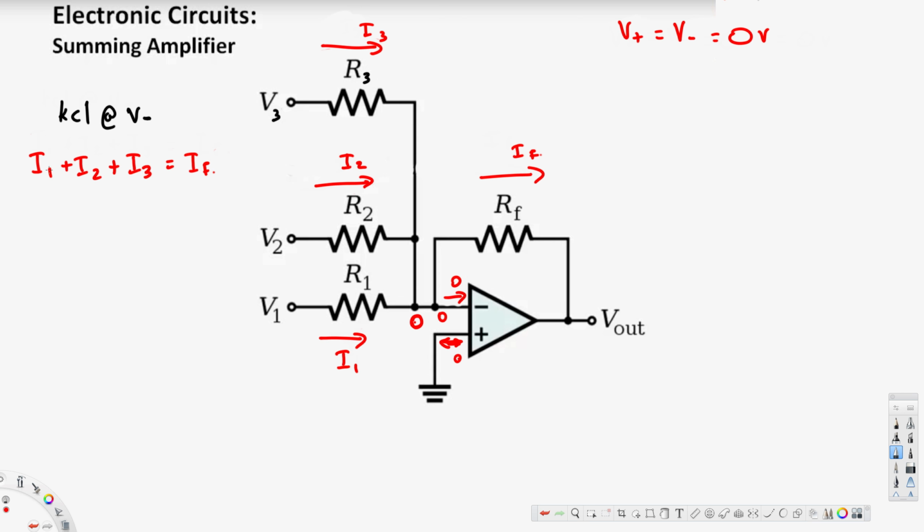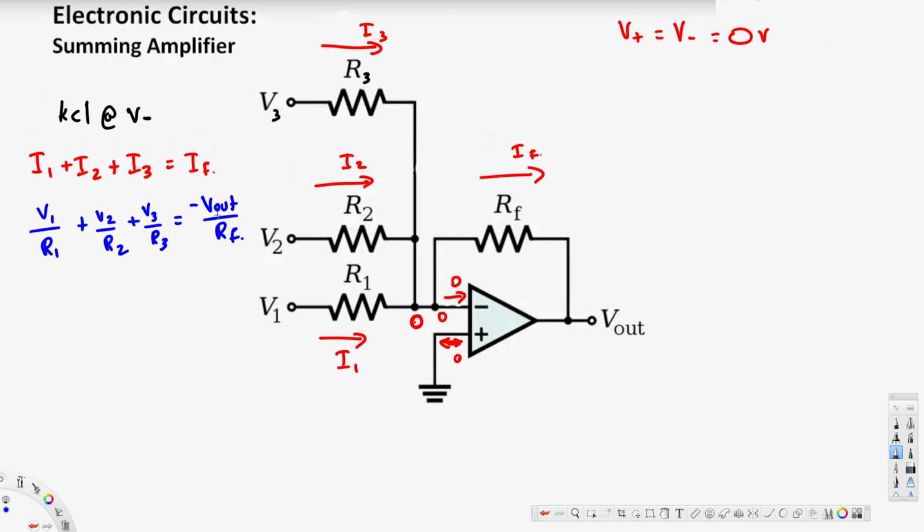So we can replace I1 with V1 over R1, because it is V1 minus 0 divided by R1, so we can neglect the 0 right here. V1 over R1 plus V2 over R2 plus V3 over R3 is equal to 0 minus Vout divided by RF. So this is going to be just minus Vout over RF. Okay, so this is going to be the equation.